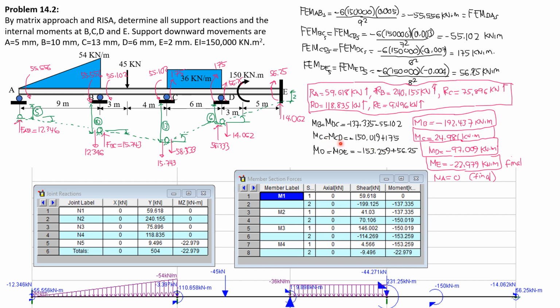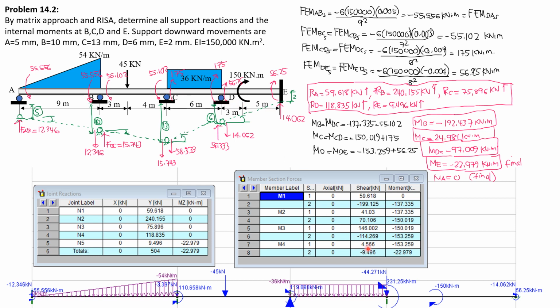Then moment at C is moment CD. We have negative 150.019, then plus 175. This is positive 175 clockwise because we base it from slope deflection equations. So moment at C is final 24.981 kilonewton meter.